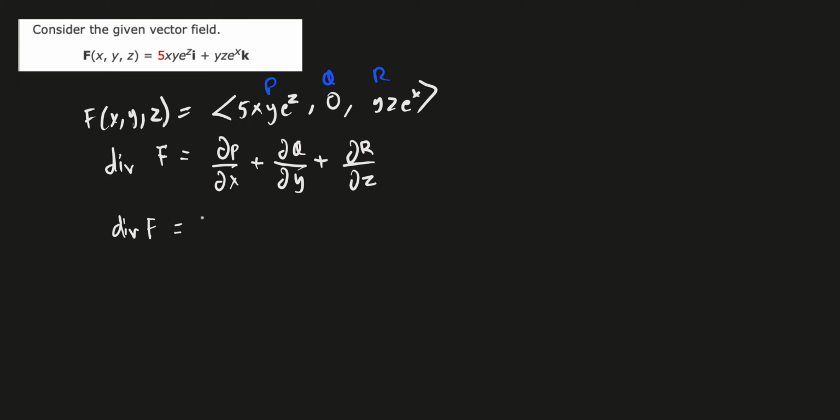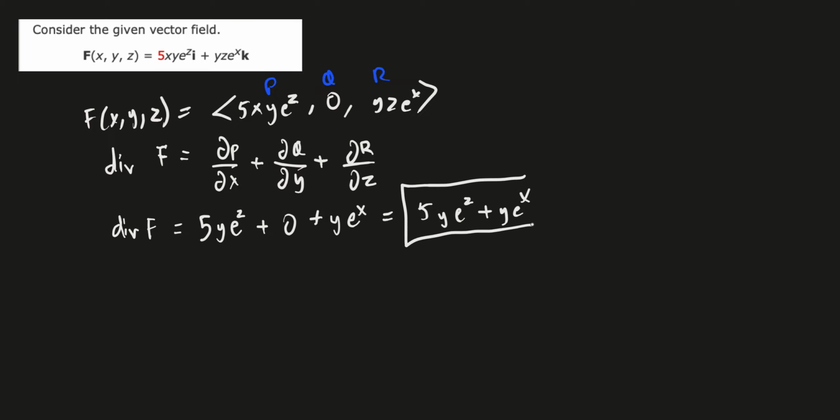It's just 5y e to the z. For this one, it's just 0, doesn't matter. And this one, it's treating z as a constant, y e to the x. So it's 5y e to the z plus y e to the x. We can factor out a y, it doesn't matter.